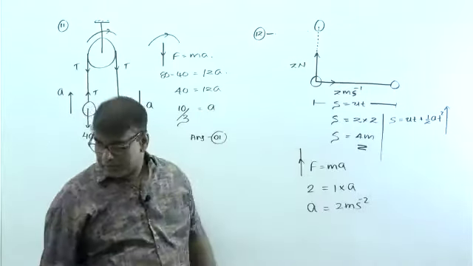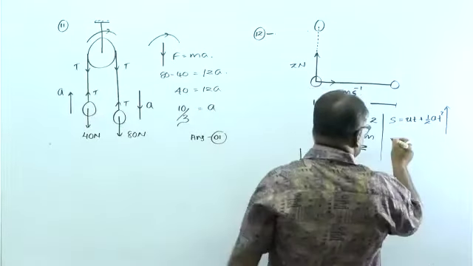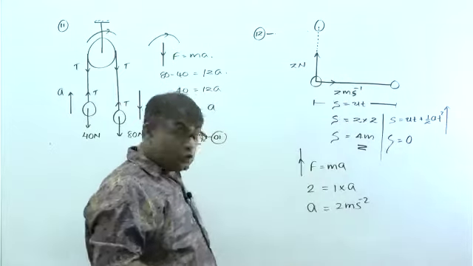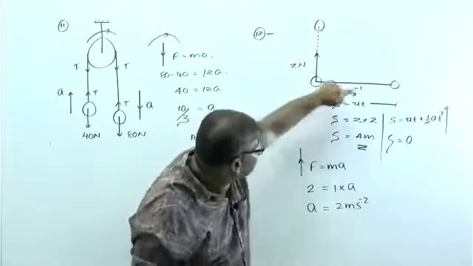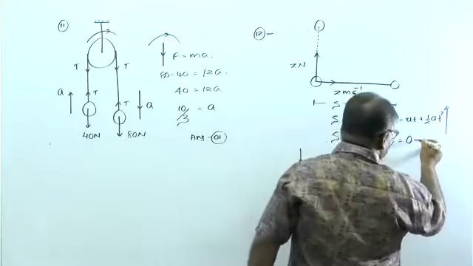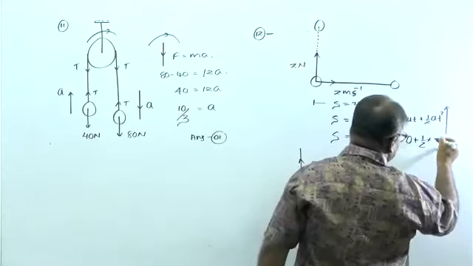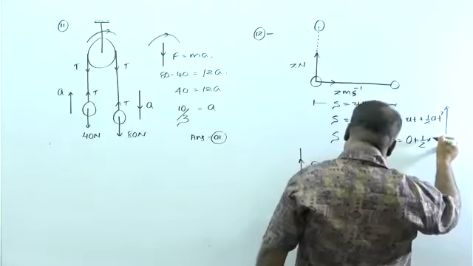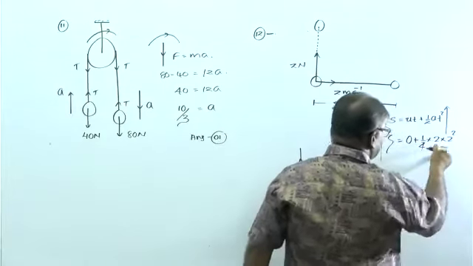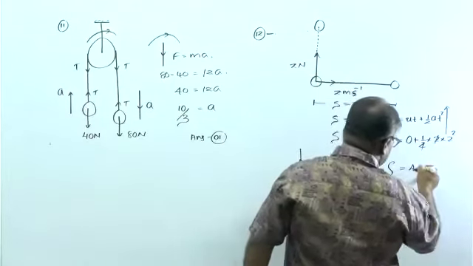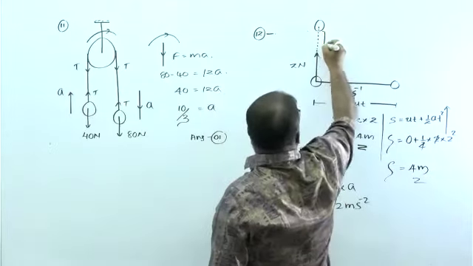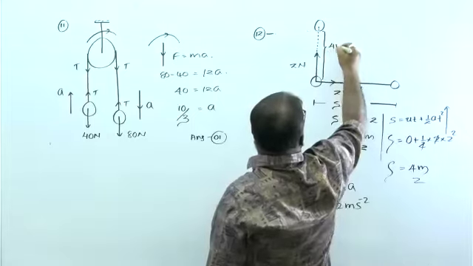There is no initial velocity northward, initial velocity is only eastward. So ut is 0 plus half into acceleration 2 into time 2 squared. 1, 2 cancel, so we have 4 meters displacement northward, and also 4 meters eastward.